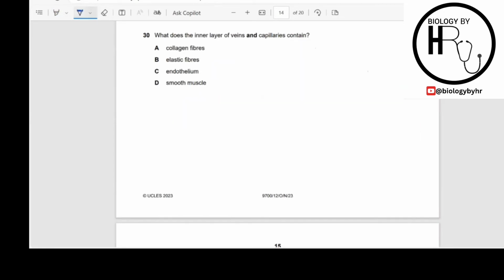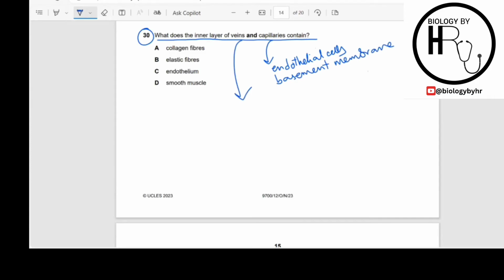Question number 30 says that the inner layer of veins and capillaries contain. We know that the structure of a capillary is extremely simple. It contains a layer of endothelial cells resting on a basement membrane. Then if we talk about the structure of the vein, we know that in a vein there are three layers of tissue.